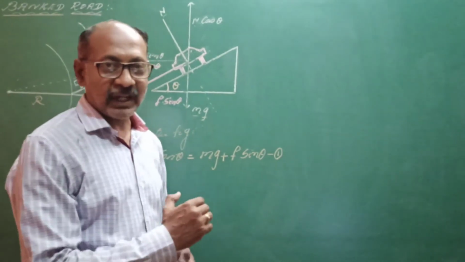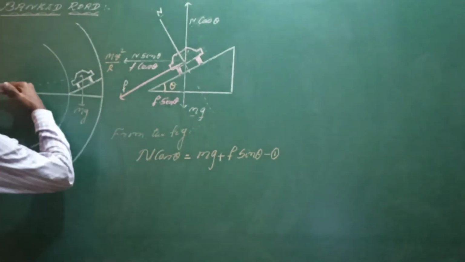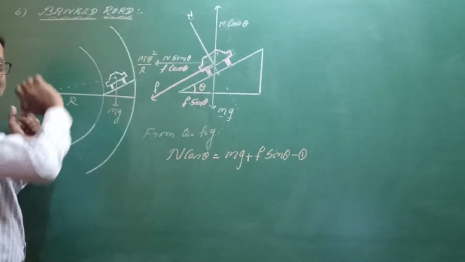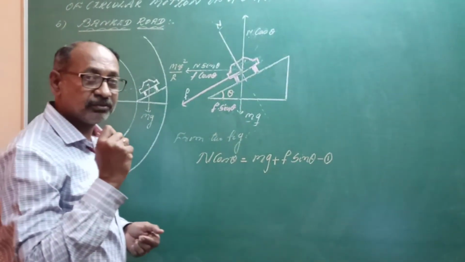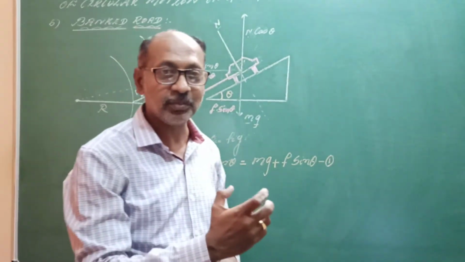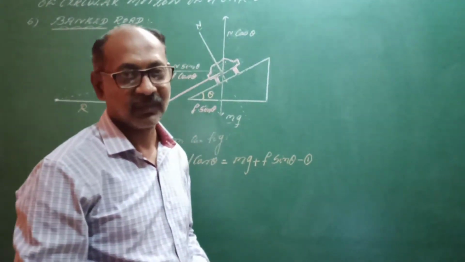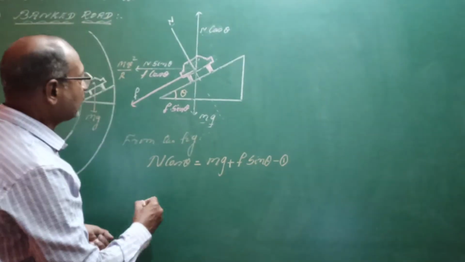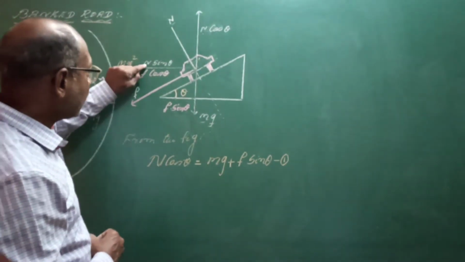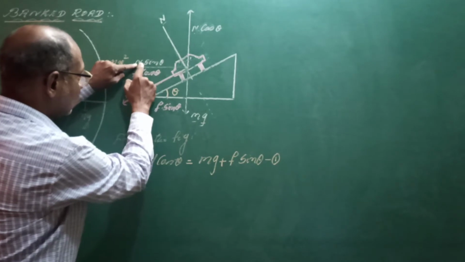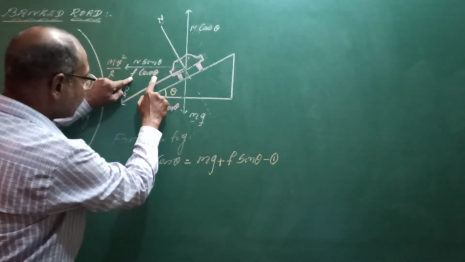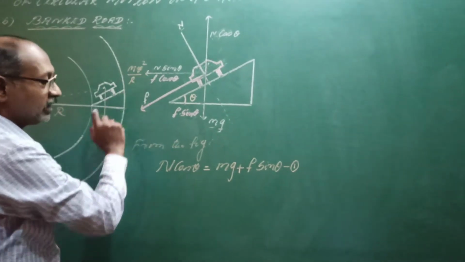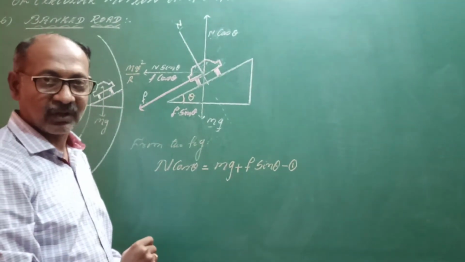Now there is a force acting always towards the center of the circular path. That force is termed what here? Centripetal force. So how much centripetal force is acting on it? That is N sin theta plus F cos theta, equal to the centripetal force, mv square divided by r.